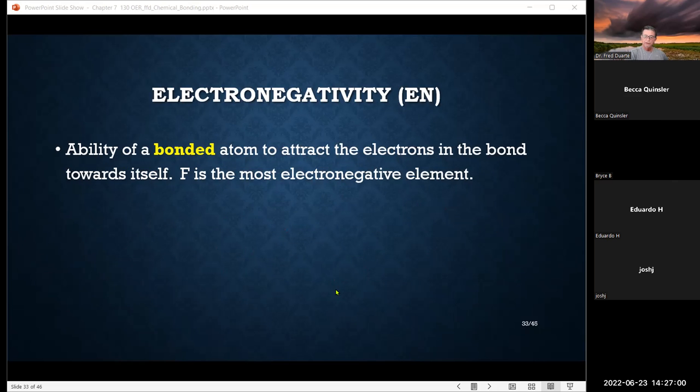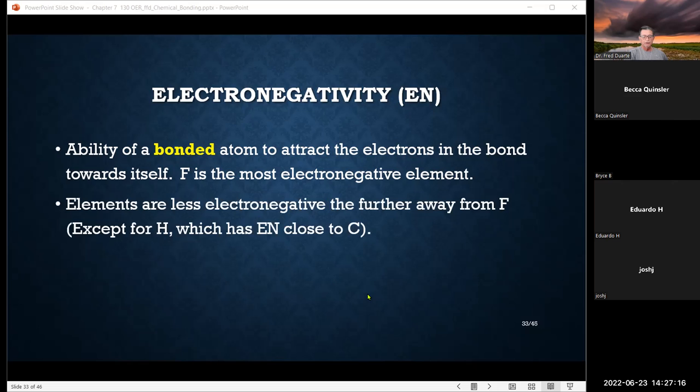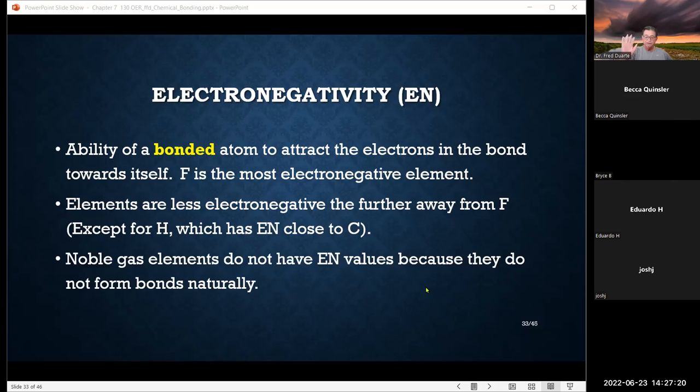Refresh your memory: electronegativity is the ability of a bonded atom to attract the electrons onto itself, using fluoride as the reference point to figure out which one is more electronegative. Noble gases obviously do not have an electronegativity value because their octet is full, and that includes helium. It's not an octet for helium, it's a duet.